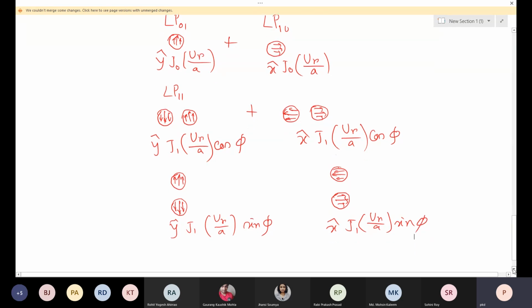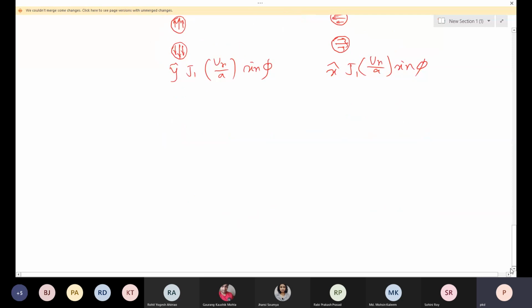To explain it further, if we measure the light across the radius vector, that is the capital R, which is normalized with respect to the diameter, so that is R by a.